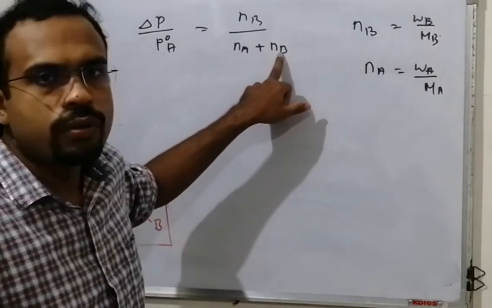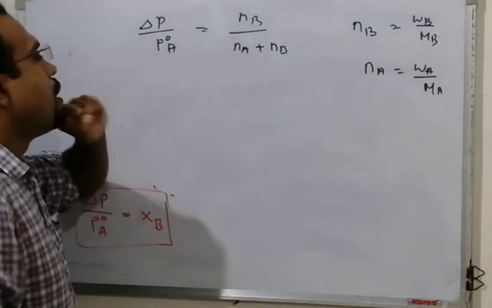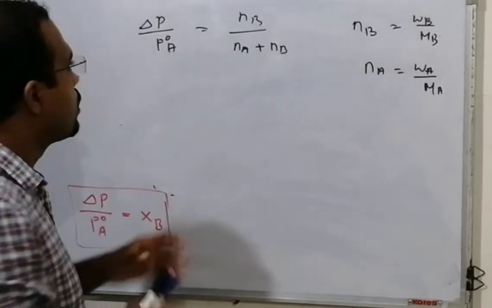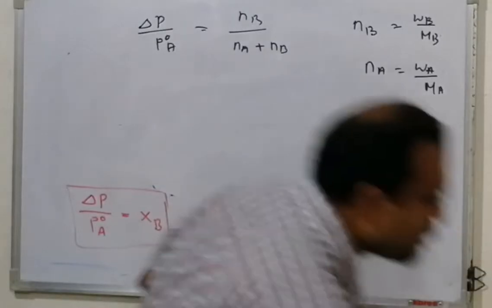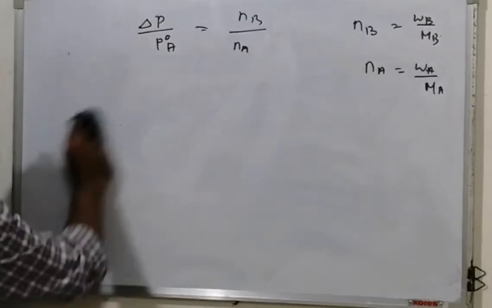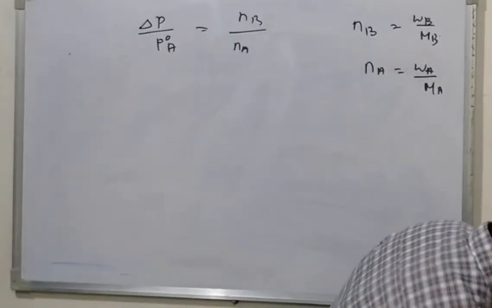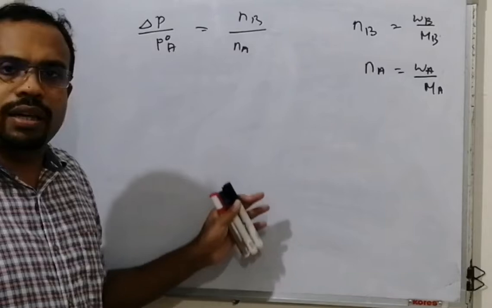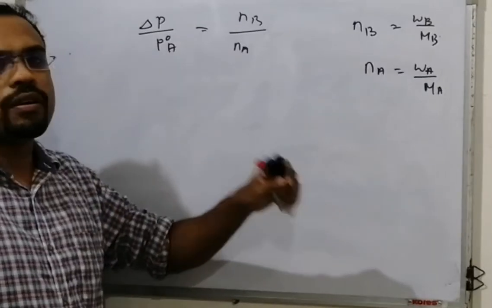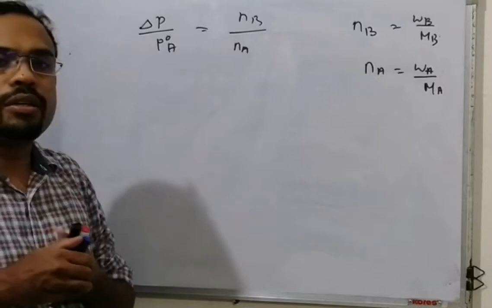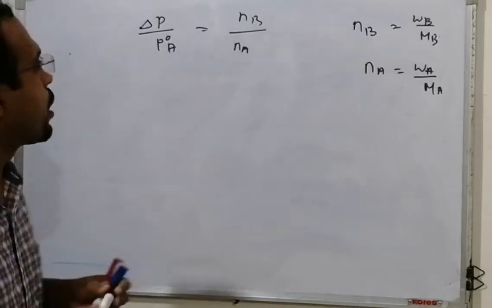Therefore, you can neglect this. That neglect is done for the convenience of solving numericals, and I am not recommending that you always neglect it. That depends upon you. You can neglect it only if the value is very small. You will get the idea when you do the numericals.